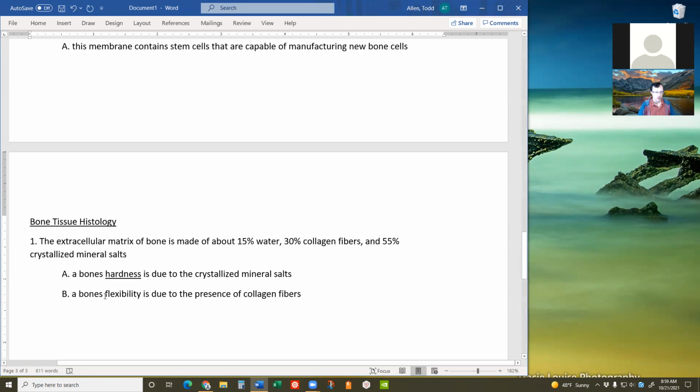So we have hardness due to the crystals, and we have flexibility, a little bit of stretchiness, a little bit of elasticity there due to the collagen fibers. And so the analogy that I typically bring up here, and if it works for you, use it. If it doesn't work for you, find one that does work for you. Think of your own analogy.